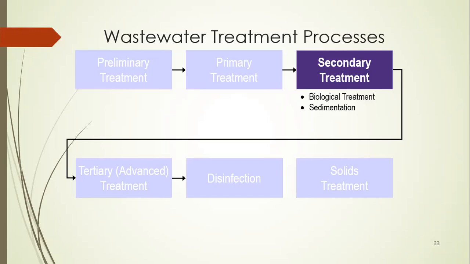And the biological treatment is followed by a sedimentation tank to separate the solid particles from the liquid. So we call this sludge, and we need to separate sludge from the rest of the water.